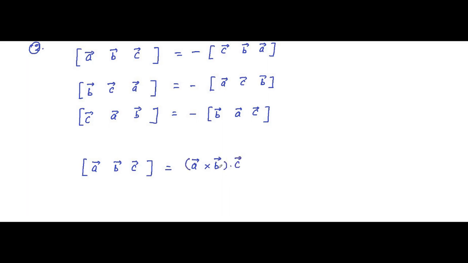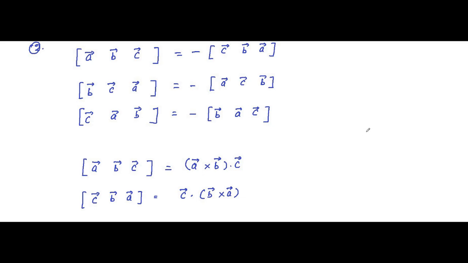It is alright to write it in this way. Now the reverse order, C vector, B vector, A vector. Let us write it as C vector dot B vector cross A vector. It is also permissible to write it this way, first the dot product then the cross product.